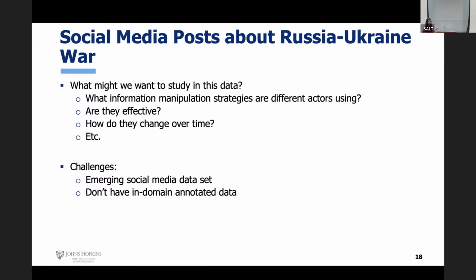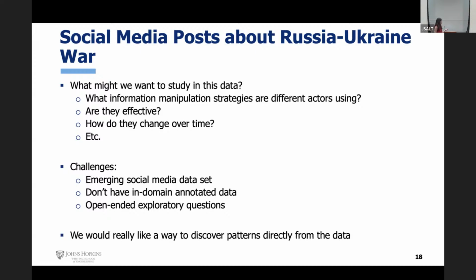We don't have some existing data set that has been labeled as manipulative and not, or whatever kind of categories we think might make sense to look at here. So a lot of our questions in this space are really open-ended and exploratory. We don't know exactly what we're looking for. What we actually want is to be able to discover patterns directly from the data. We want to look at this data and say, what is interesting here? Where are the patterns? Where do we see various correlations?